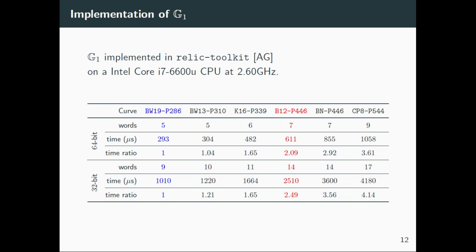And our 286-bit prime is only 9 words on a 32-bit architecture. Exponentiation in G1 is twice faster on the curve BW19 compared to BLS12 for a 64-bit architecture. And for a 32-bit architecture, it is about 2.5 times faster on the BW19 than on the BLS12.